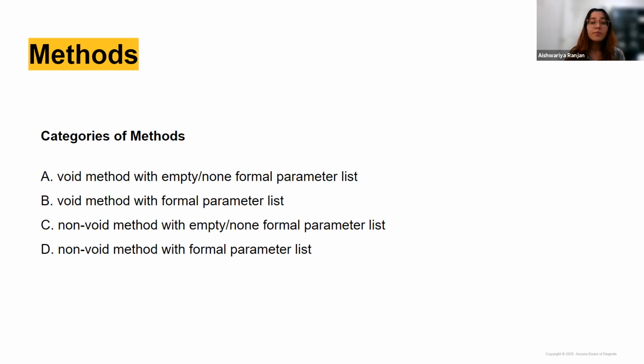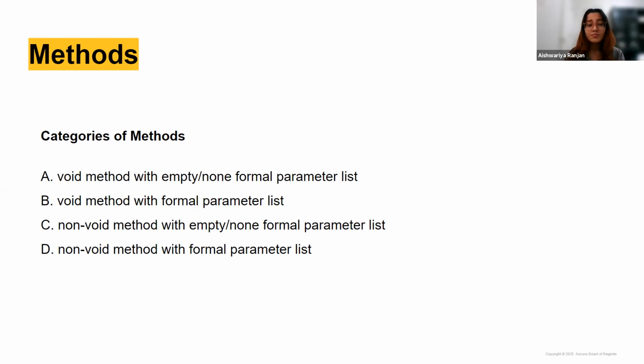And then we have void methods with a formal parameter list, like the displayAge we saw on the previous page. It's not returning anything, so the return type is void, but it has a parameter list. It needs int age to do whatever it needs to do inside. And then we have non-void methods with no parameter lists.